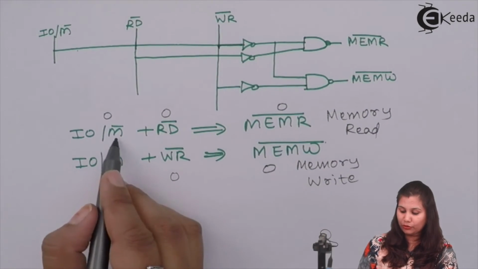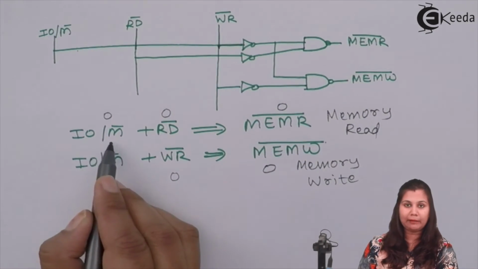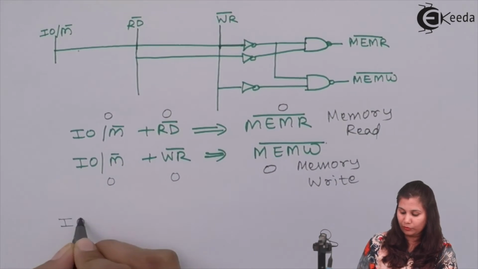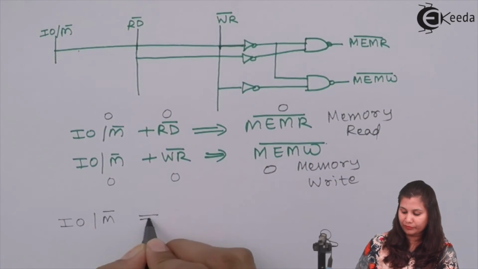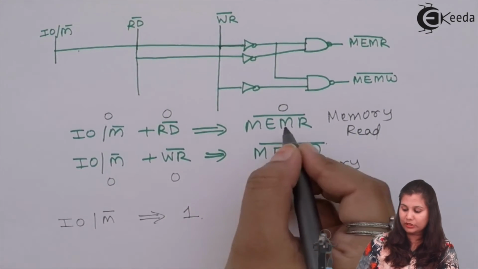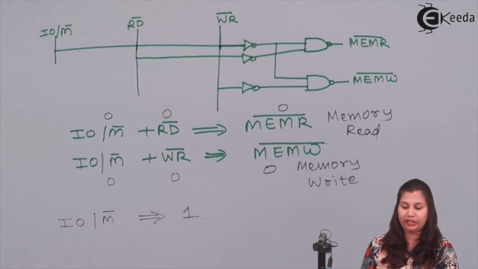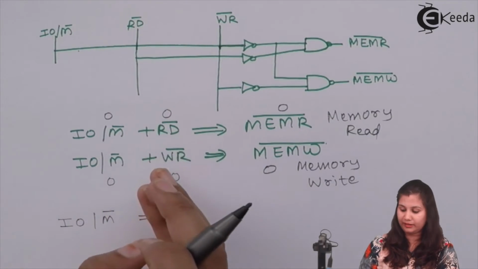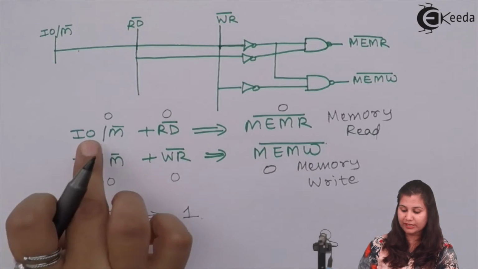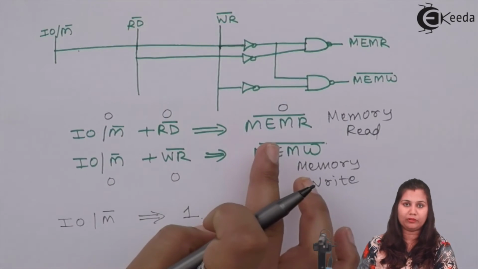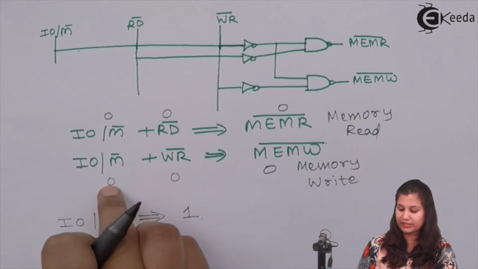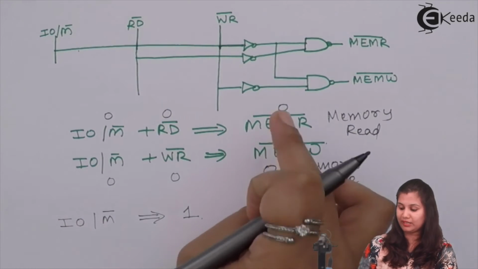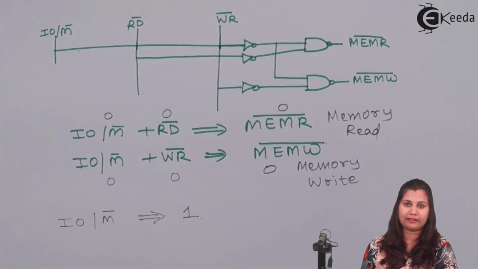Now if the value of the input/output and M bar signal is 1, then these two signals will be deactivated irrespective of the value of read and write, because if it is 1, then the output will be 1, and here also if it is 1, then the output will be 1, and these two signals will be deactivated.